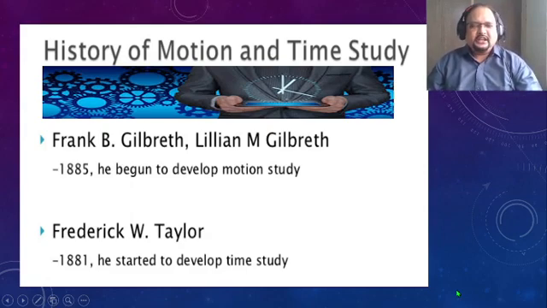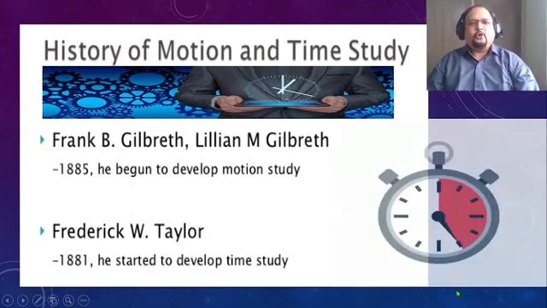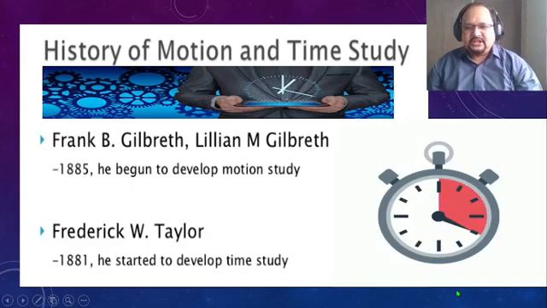And later on in 1885, Frank B. Gilbreth and Lillian M. Gilbreth developed motion study, and hence from 1885 onwards the study got converted from time study to time and motion study, and it got upgraded. That is the reason in our title we have used the words time and motion study, because time study was invented in 1881, whereas motion study was invented in 1885. But this study is also known as motion and time study.